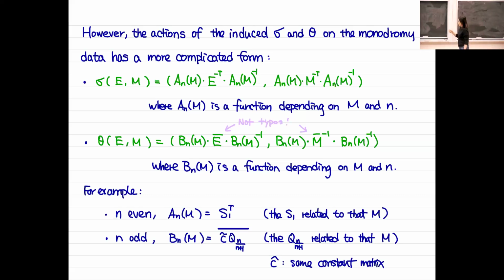This is just to give some sense of what they look like. So when n is even, then A_n is the S1 transpose. S1 is the first Stokes. B_n is the bar of C star Q n over n plus 1. So that's part of the Stokes data information. So it's really complicated.